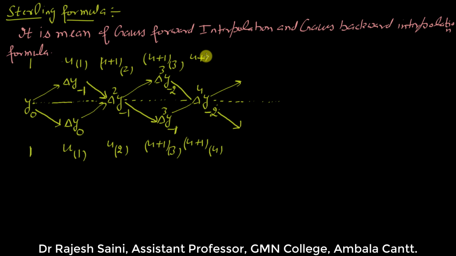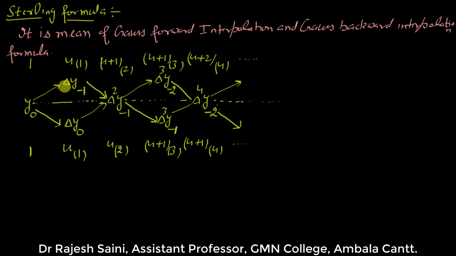Now increase it by 1, it will be u plus 2, 4, and you will go on writing. u plus 1 is the same for two terms, so here will be u plus 2, and of course 4 to 5, subscript 5.